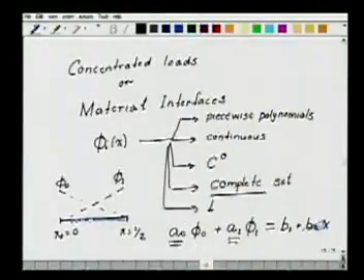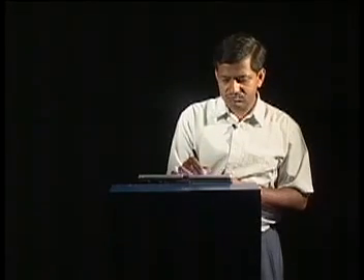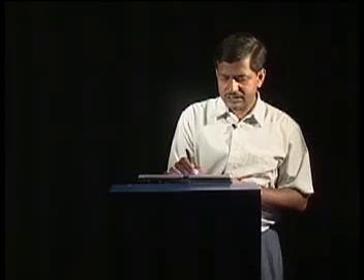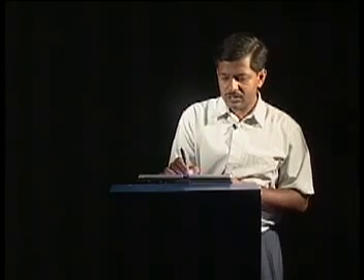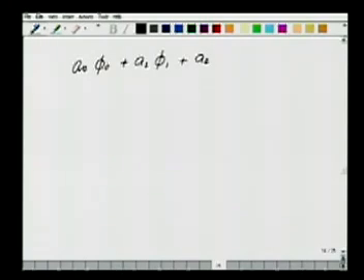Another very important property that these functions have to have, which we have outlined earlier, is linear independence. What does the linear independence mean? That if I take any combination of these functions, so I will do a0 phi 0 plus a1 phi 1 plus a2 phi 2, and I set it equal to 0 everywhere in the interval 0 to 1, because these functions are defined in the interval 0 to 1.